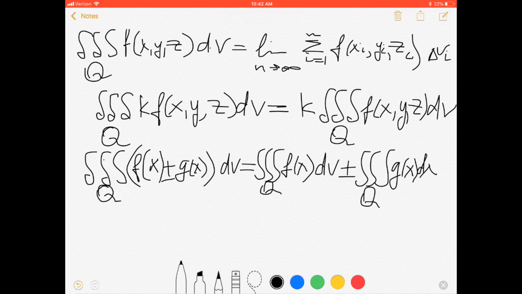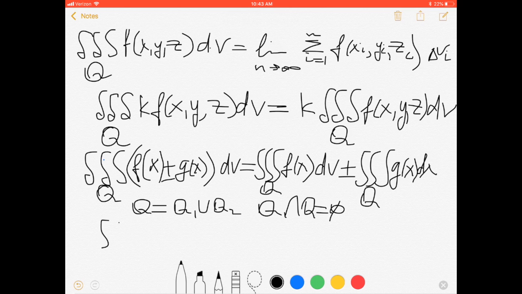And if your region Q, we can write it like two different regions Q1 and Q2 which do not intersect.